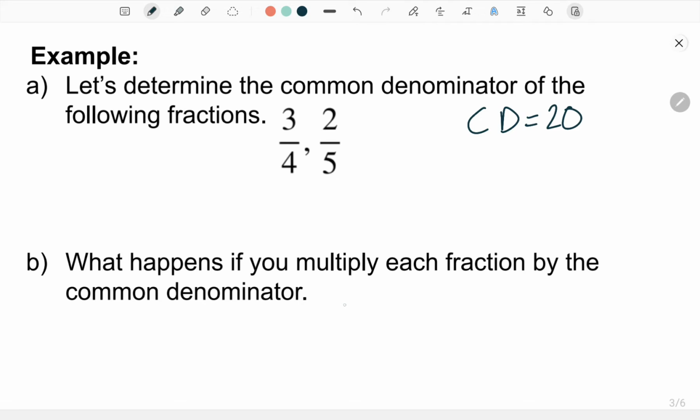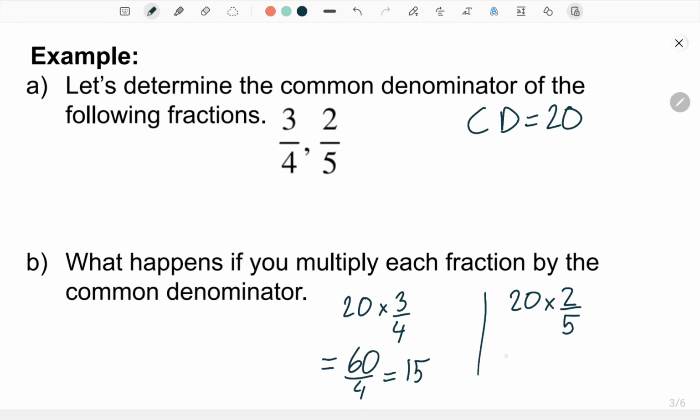And let's multiply. So 20 times 3 over 4, that's going to be 60 over 4. And you'll see when you do 60 divided by 4, that gives you 15. So you get a whole number. Let's do 20 times 2 over 5. Well, 20 times 2 is 40 over 5.